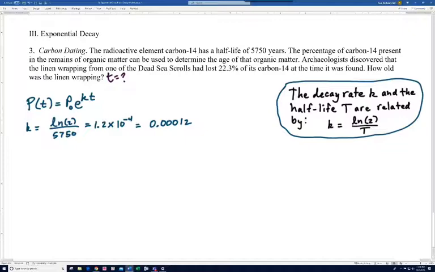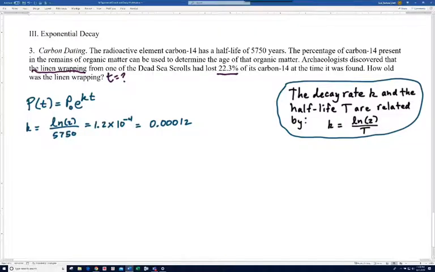All right, so now when we start plugging things into the formula, there's another part here that's a little bit tricky. It says that the linen wrapping had lost 22.3% of its carbon-14 at the time it was found. So P naught represents the amount of carbon-14 originally.